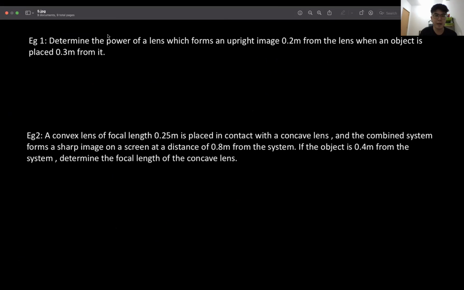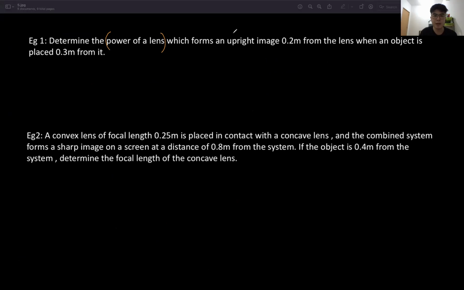What we want to find here: the power of a lens, okay, which forms an upright image 0.2 meter from the lens, when an object is placed 0.3 meter from it.